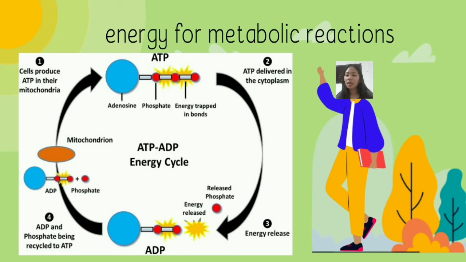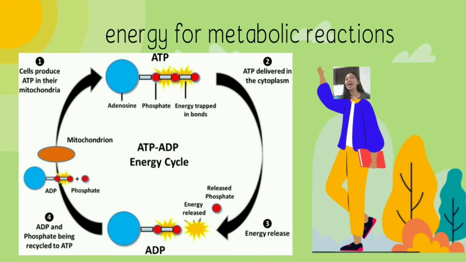And this ADP undergoes cellular respiration to form ATP, where molecules of ATP and ADP cycle within cells, donating and receiving phosphate ions as they move between catabolism and anabolism processes.